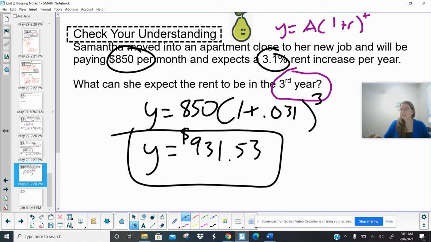Now again, like I said, this is not exact math. Apartment complexes don't usually say, okay, we are going to increase our prices every year by this percent. However, normal inflation, as our economy as a whole, is about 3% a year. Some years it's higher, just kind of depends on what happens in the year.